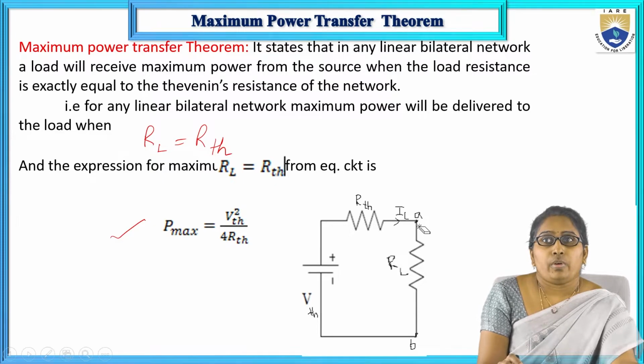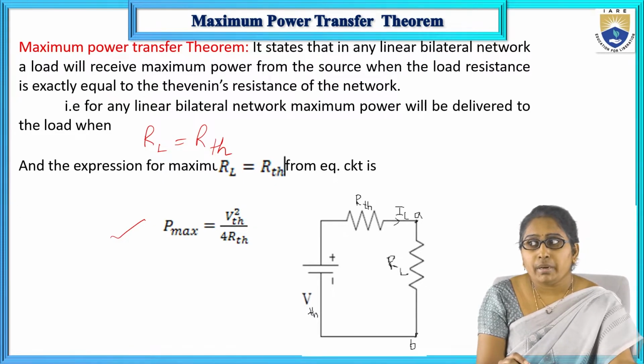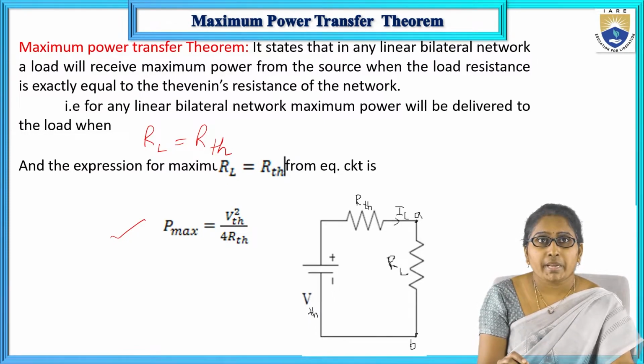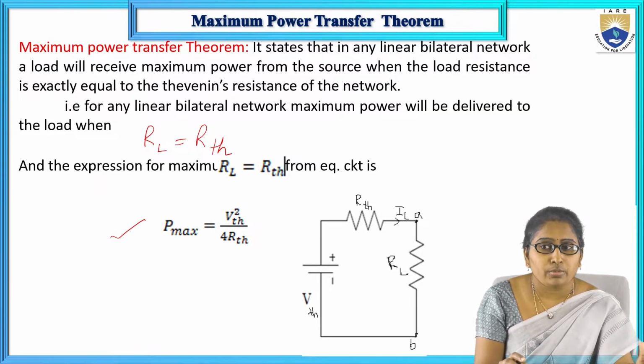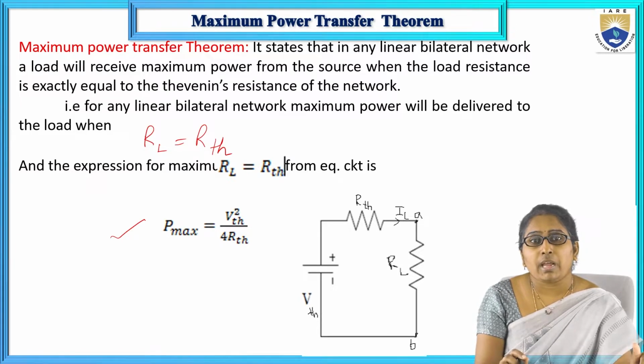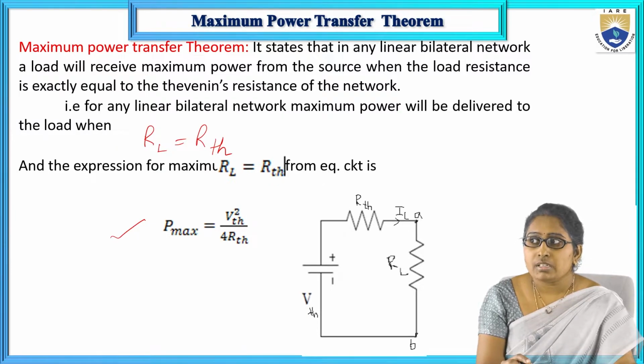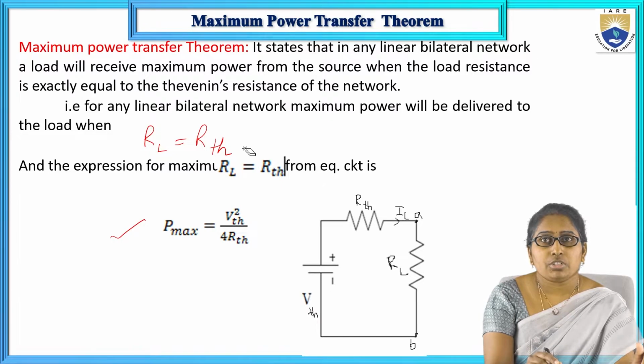So once again, the maximum power transfer theorem statement. In a linear bilateral network, maximum power will be delivered to the load when the load resistance value is exactly equal to the Thevenin's resistance of the circuit, that is RL is equal to RTH.